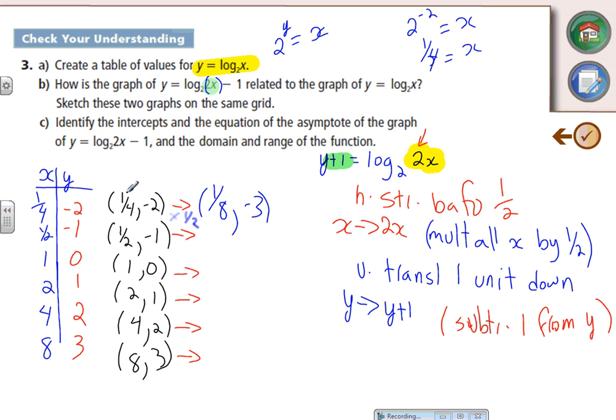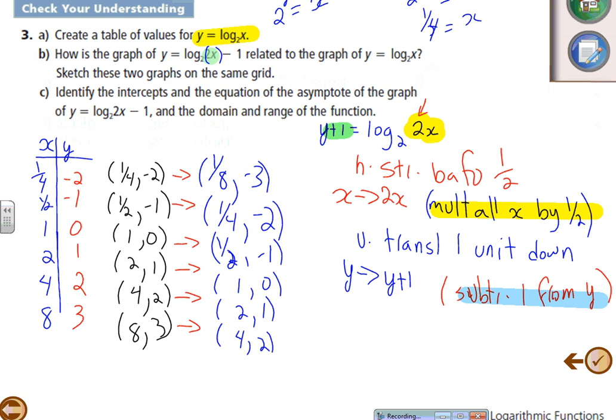That's going to give us 1/4. To the negative 1, we're going to subtract 1. That gives us negative 2. Continue that pattern all the way down. For each one of them, multiply the x by 1/2, subtract 1 from the y. Finish off those points. Okay, so there's the rest of your points.